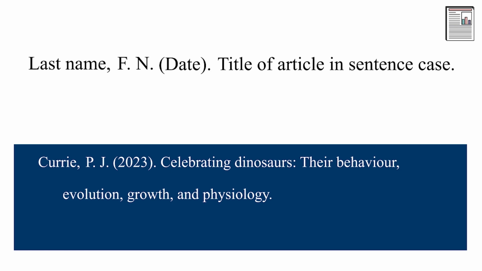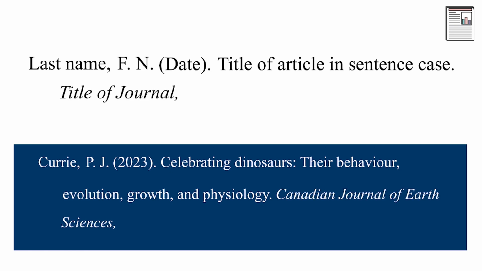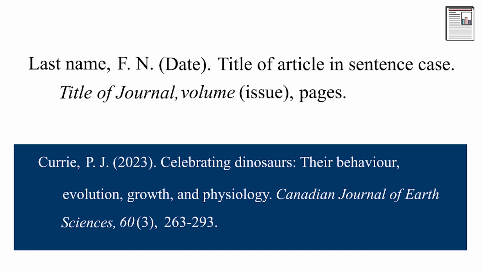Next, we describe the larger work, the journal. Since this is not the title of the work that we are citing, we can use regular title case for the title of the journal and write it in italics. Title of journal in italics, comma, volume number in italics, issue number in parentheses, comma, page numbers, period. If the article has a DOI, it will be listed in the database record for that article.